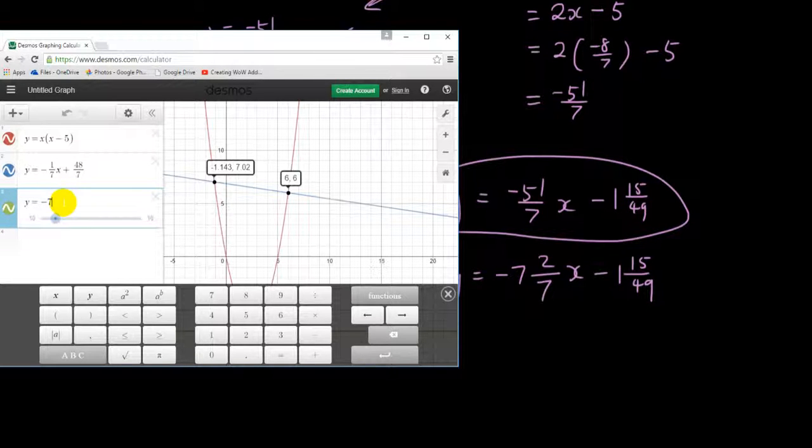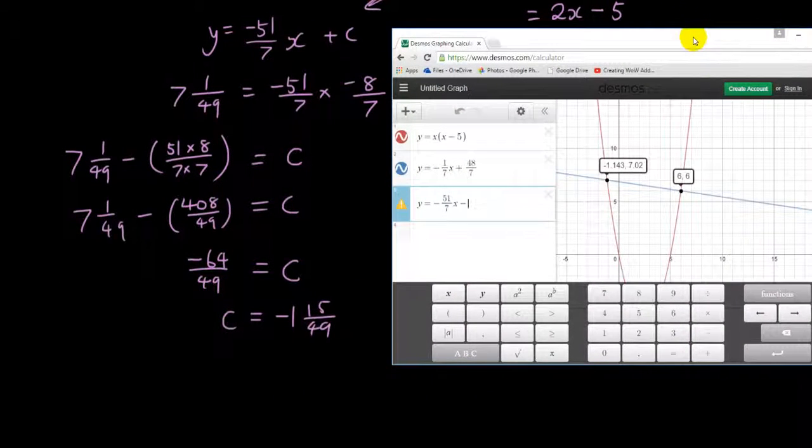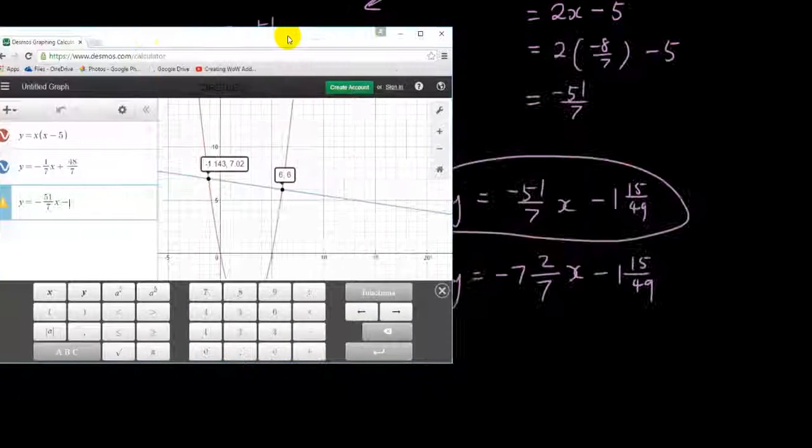How do you draw mixed number fractions on this? I'm just going to keep it to improper fractions. Negative 51 over 7 x minus 1 and 15/49, that was negative 64 over 49.